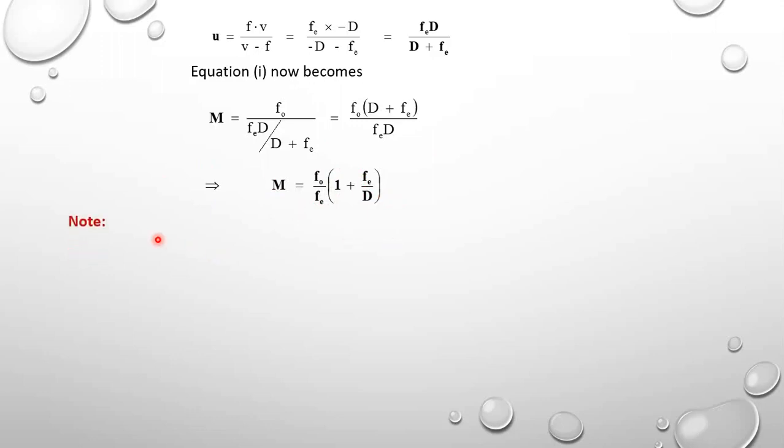Let's make a note here. The least distance of distinct vision, that is the D, is the distance from the eye to a point where the eye can see an object in greatest detail.